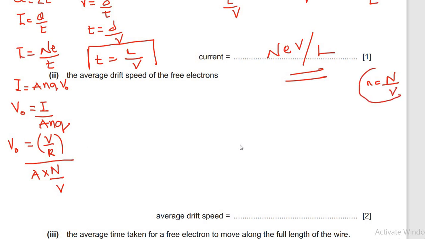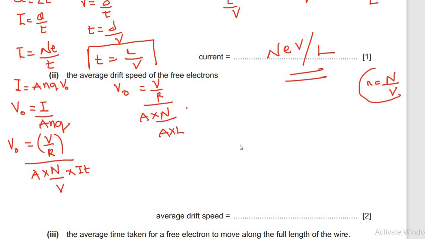So multiply by charge. Okay, multiply by charge. Q is IT. Coming to this, Q is IT. So drift velocity will be V over R over area times N over volume, which is area times length.